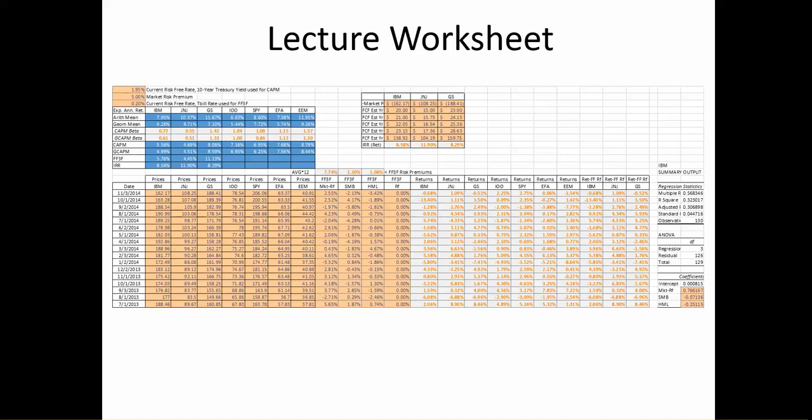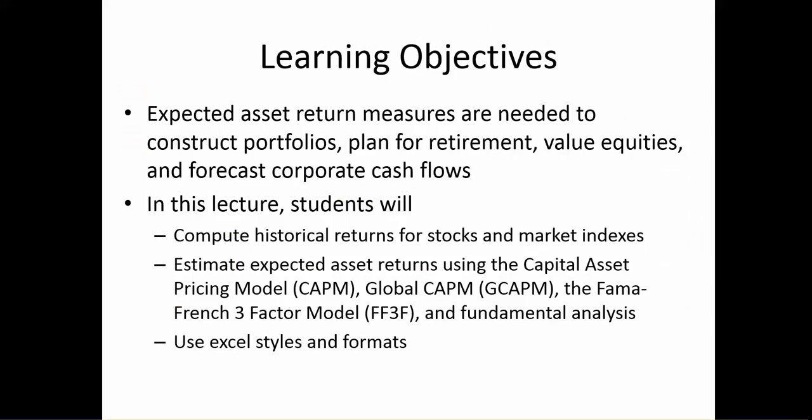Hopefully you know now how to calculate historical returns using monthly data, annualize them, calculate CAPM returns by calculating a beta against a market index, choosing the current risk-free rate and a market risk premium, so you can calculate your CAPM, global CAPM returns, and then calculate a Fama-French three-factor model return.